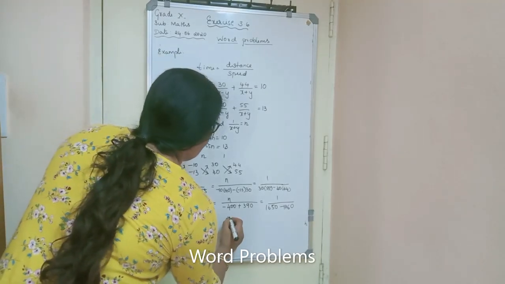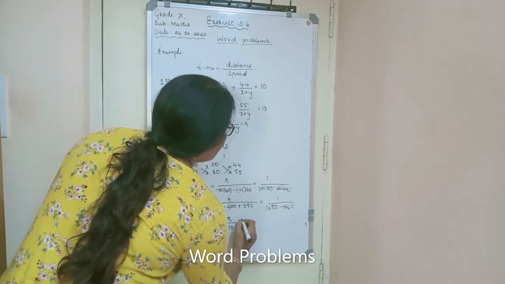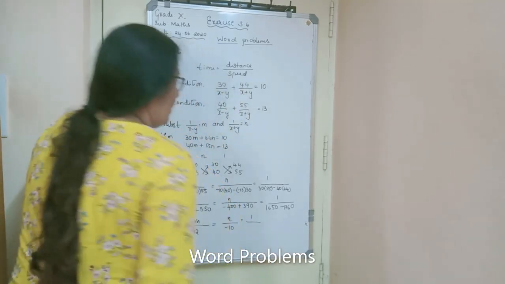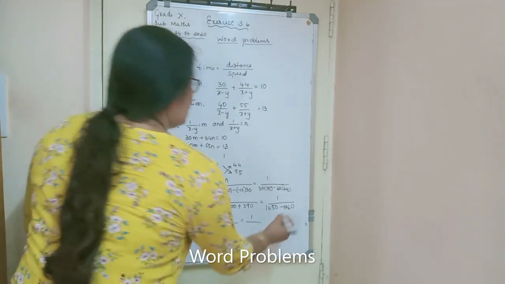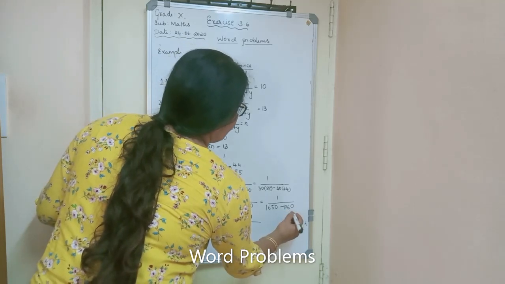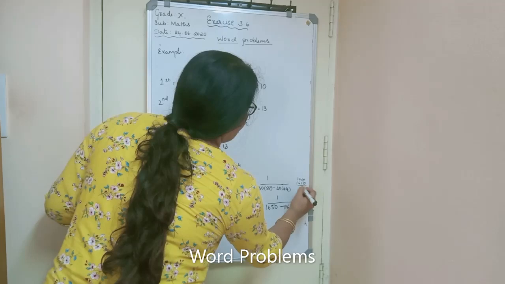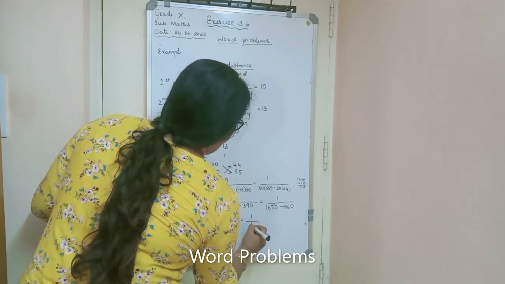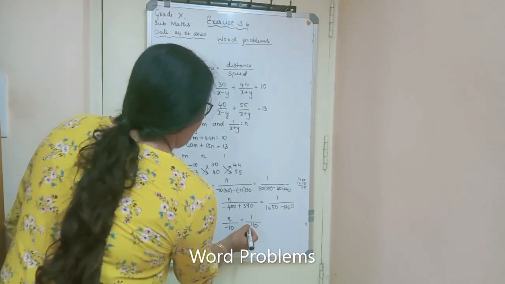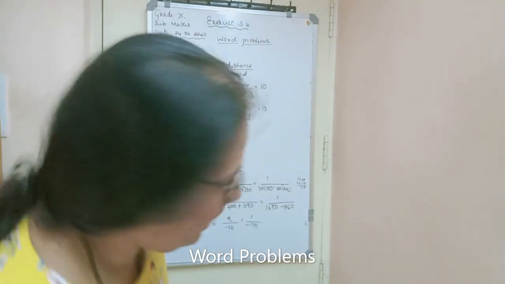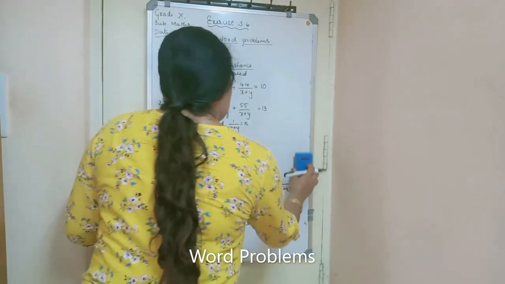Then here n upon minus 10, so here 1760 minus 1650, 110, so minus. Okay, now find m and n value.